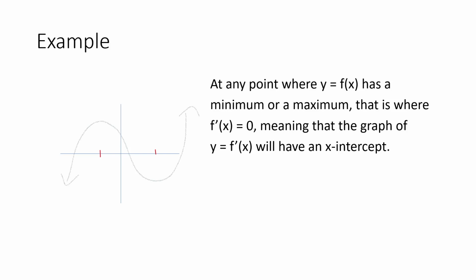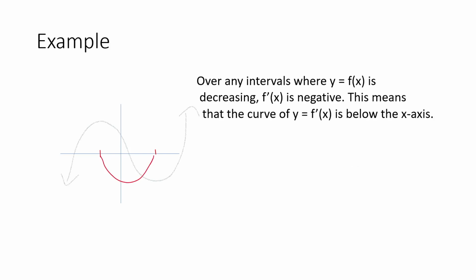So the way we've described it on this PowerPoint is any point where f of x has a minimum or maximum, that's where f prime of x equals 0, so that means y equals f prime of x will have an x-intercept there, so I indicate those two with the red slashes on the left. Then over any intervals where y equals f of x is decreasing, that means f prime of x is negative, so the curve of y equals f prime of x should be below the x-axis.